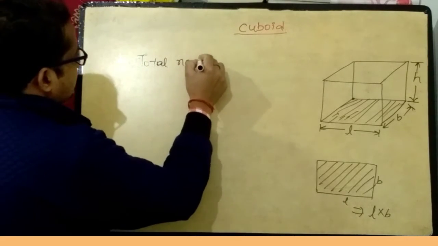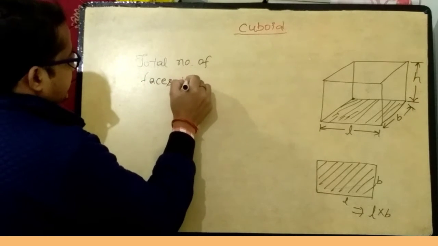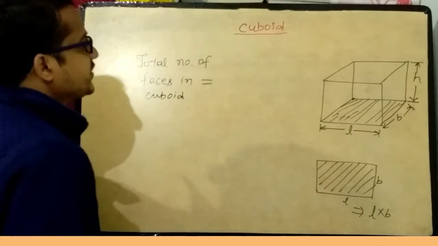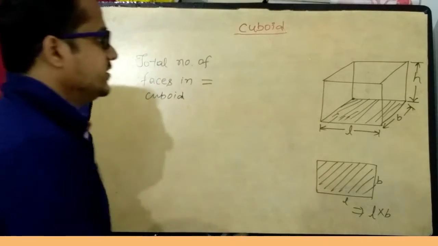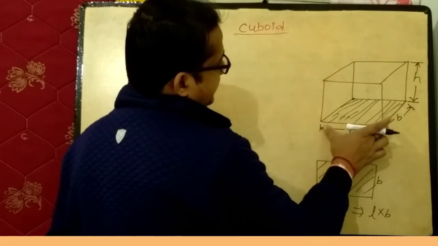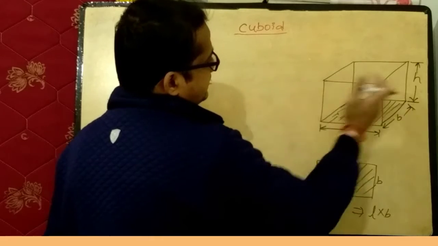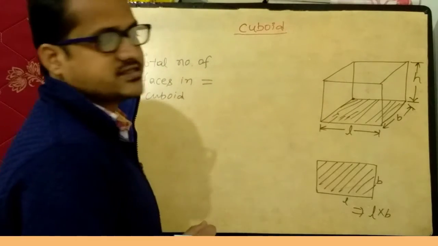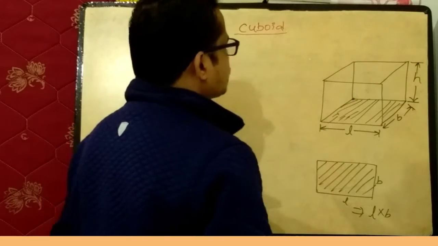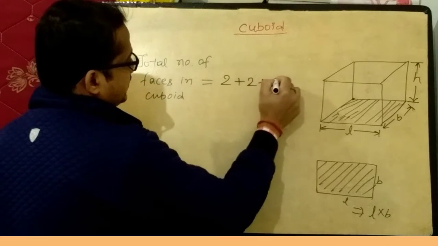Total number of faces in a cuboid. How many faces in a cuboid? There are total, first, this is base and opposite to base, this is top. Two surfaces, left, right. This is next two surfaces, and front side and back side. So there are total 2 plus 2 plus 2.